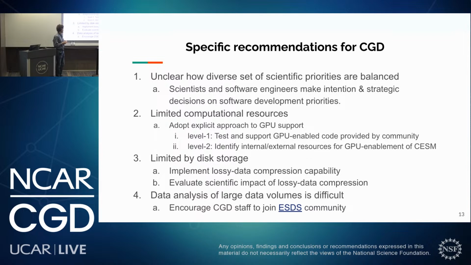Limited by disk storage. There are really 2 tasks here, and I think that you shouldn't convolve them together. One is to implement lossy data compression capability. This is a task perhaps done by software engineers. It's in the model, and you can choose to turn it on or not. The other is to evaluate the scientific impact of lossy data compression.